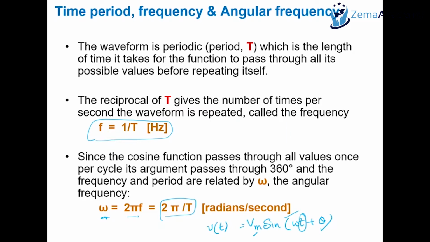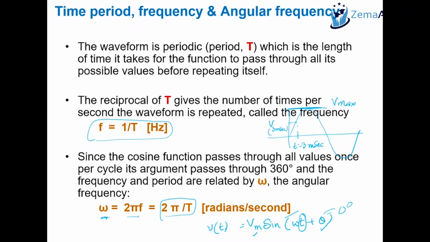Yeah. So it's something easy. Let's say you have a sine wave. Let's say theta is 0 to make it easy, so you can start from the origin, and you know the Vmax value. And if I say at time t equals 3 milliseconds, what is the voltage value at 3 milliseconds?